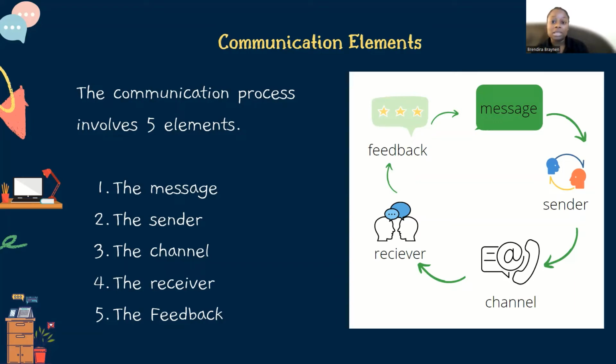The channel is going to be selected, and that channel allows me to communicate my message to you, the receiver. After you've seen my message, I can either get no feedback, which means that maybe it wasn't positive, or I can get positive feedback by actually seeing you in my store, purchasing from the items that are on sale. So let's talk about these elements a little bit more.